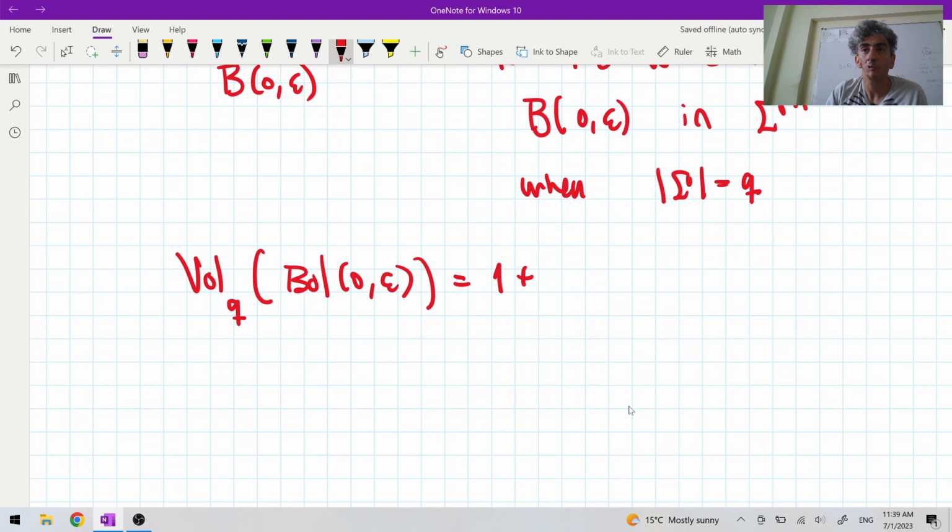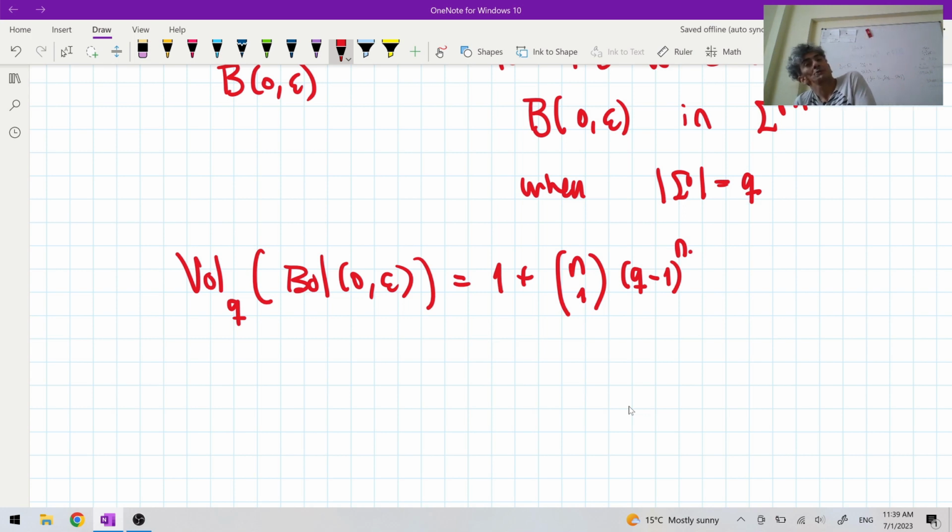So n choose 1, this chooses a place, to put q minus 1 options. That's it.